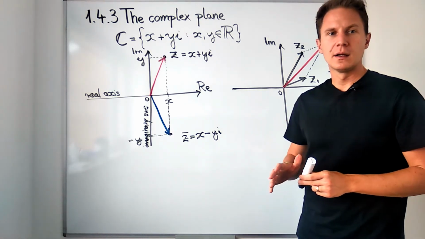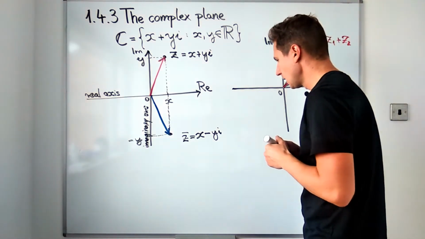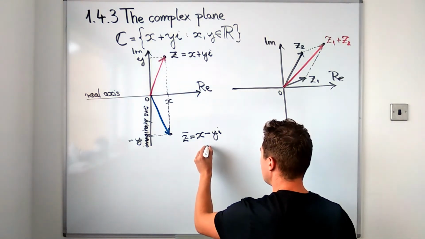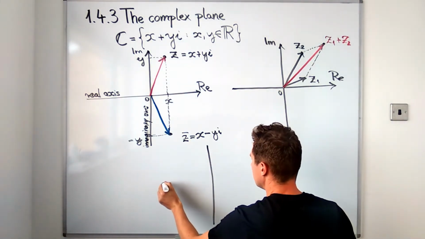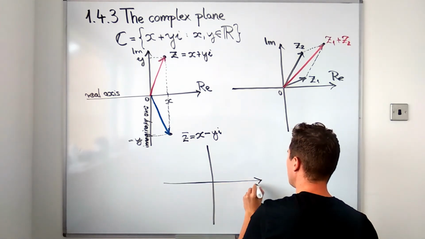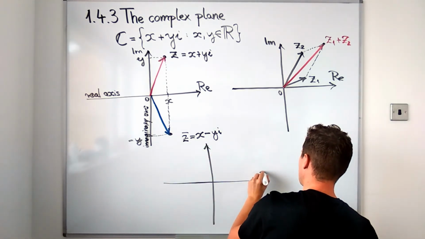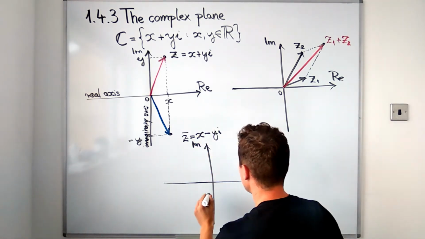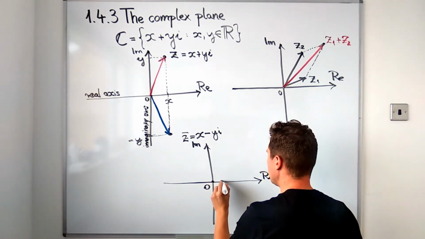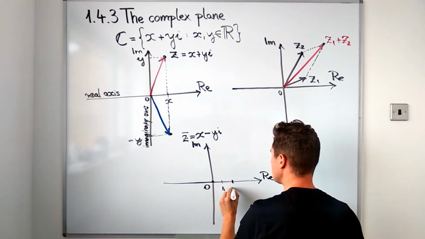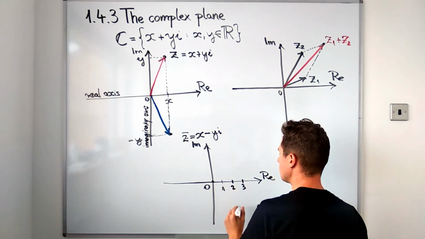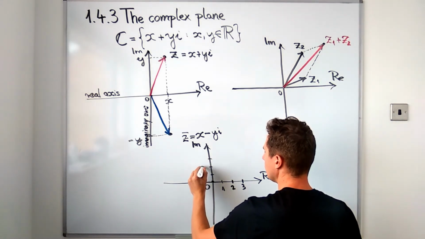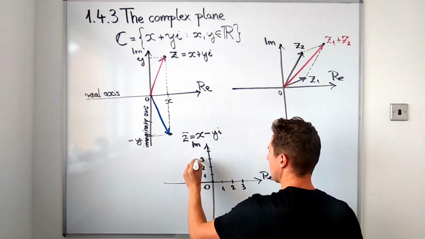And so finally, to test your understanding, I would like you to consider the following. So let's look at the complex plane once more with the real and imaginary axes, 0 being at the origin. Let's measure out some units of distance. So that's 1 unit of distance, that's 2, 3, and we do the same along the vertical axis, the imaginary axis.